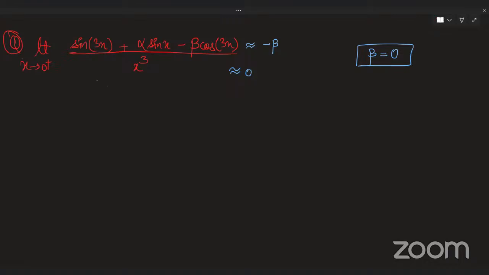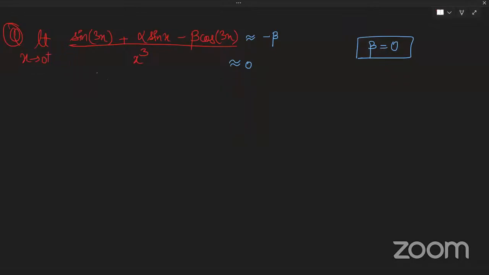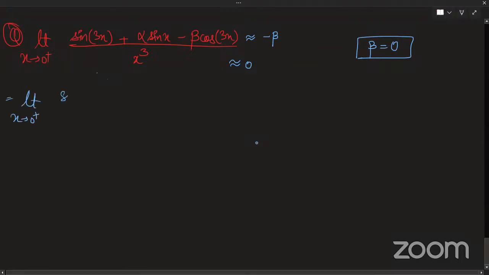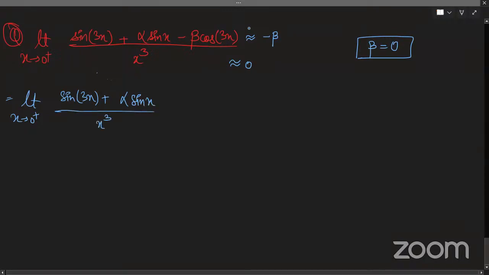Now if beta is equal to 0, this whole beta into cos of 3x is what? 0. It was just given to confuse me. This whole part is actually not there.